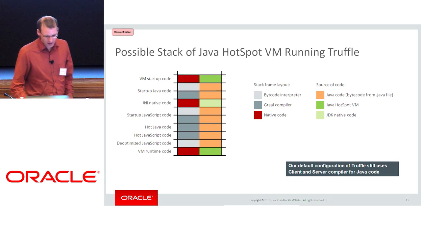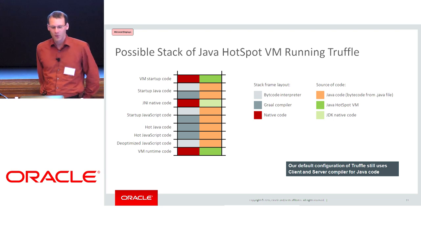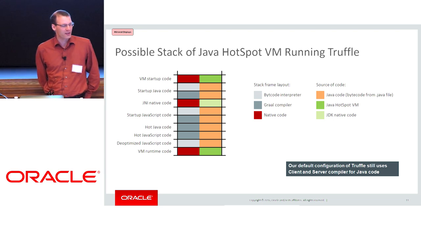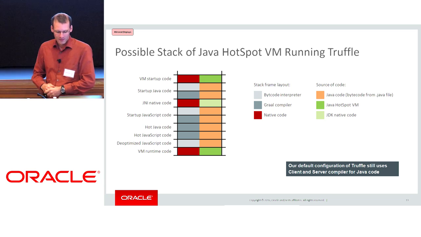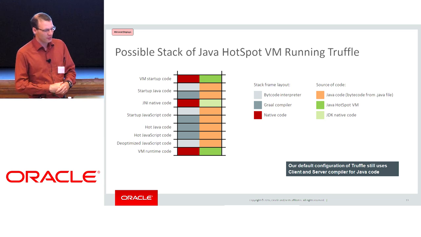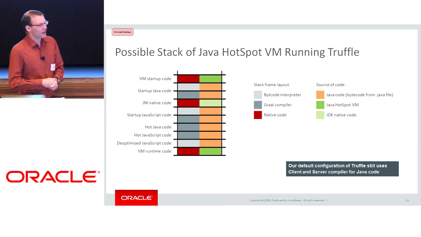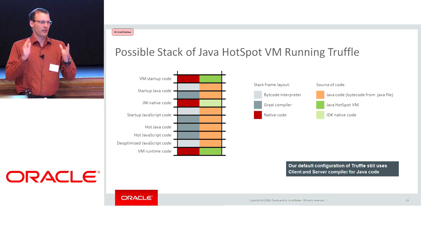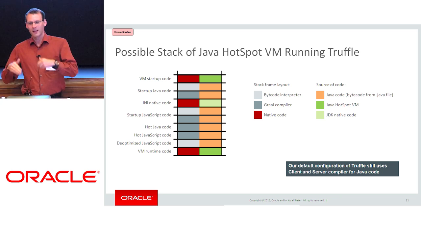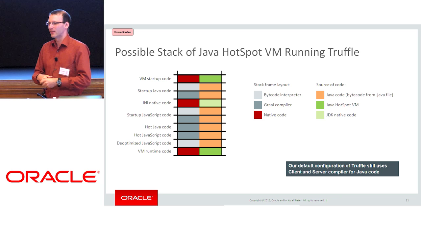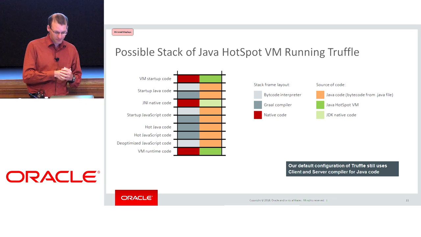But unfortunately, just running the whole stack on the Java Hotspot VM doesn't really solve our big mess on the stack. The right side, the logical source of where the source code that we execute is coming from, is a bit simpler, because at least with Truffle, everything that you execute, all the bytecodes, are actually coming really from Java code. So you never have automatically generated bytecodes that are generated at runtime, like Nashorn is doing.